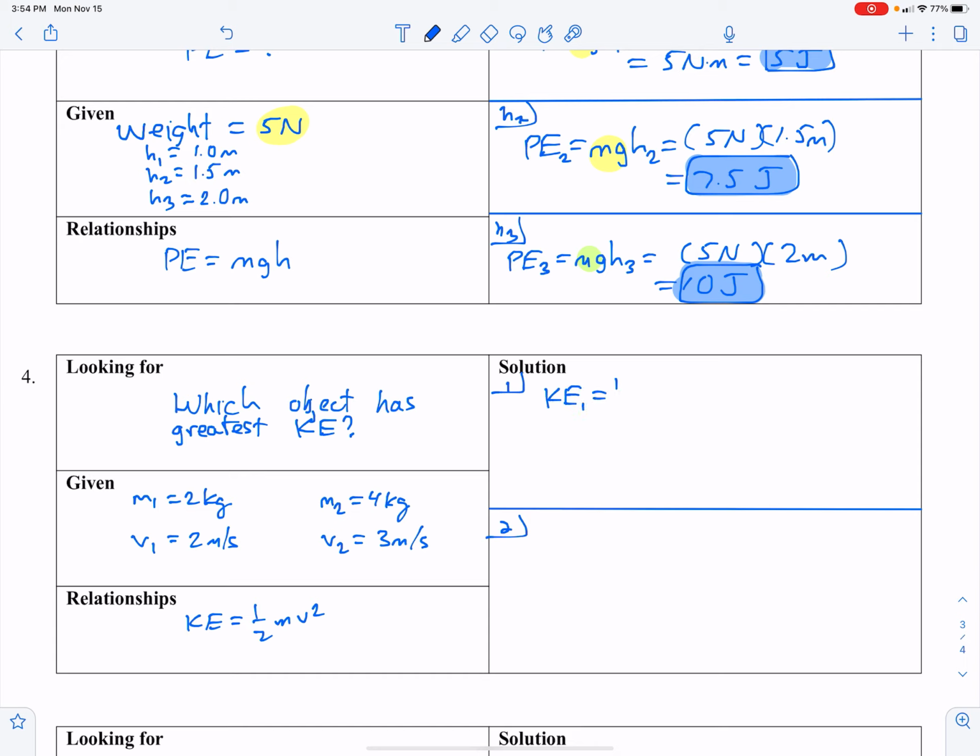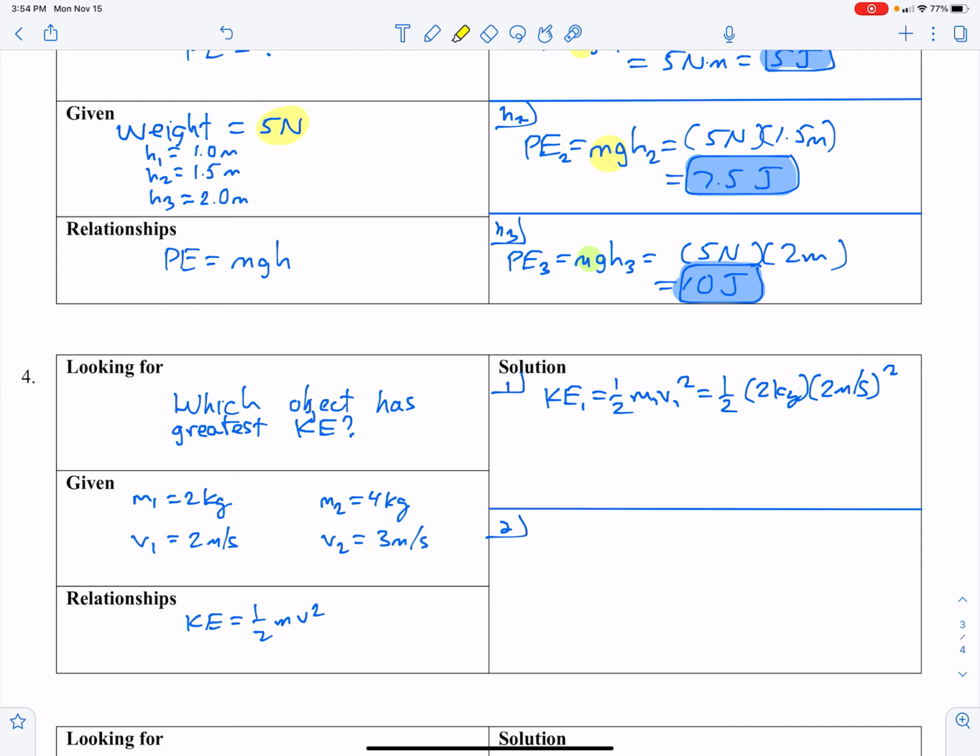Kinetic energy of object 1 is 1/2 m1v1 squared. And it's going to be 2 kilograms times 2 meters per second squared. Now to perform this calculation, we're going to start by squaring the speed. And the nice part about this is we have low numbers here, so you don't possibly need a calculator for this one.